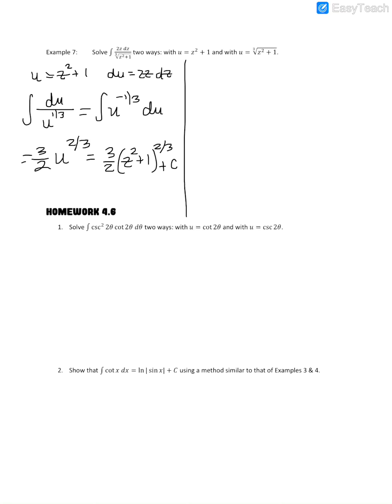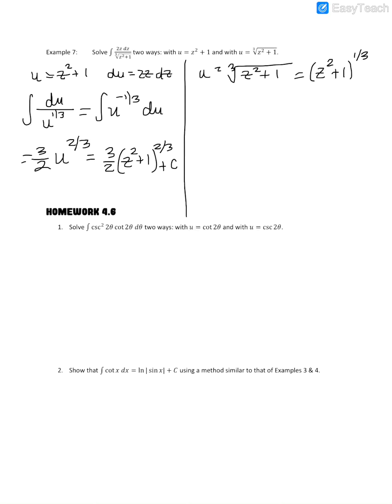Okay, let's try it the other way, and remember, hopefully we're going to be getting the same answer. On this one, they want us to use our u as the cubed root of z squared plus 1. If I were to do the derivative of this, I would need to use chain rule, right?